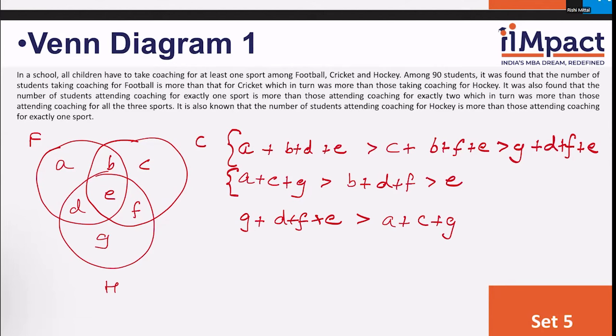Also focus, guys, we have not been given any constraints on the minimum value of E, can it be 0 or not. We don't have any constraints on whether any of the other variables have to be 1 or anything like that. We just know that the total is 90. That's all we can figure out from the given clues. We'll have to move question-wise now.